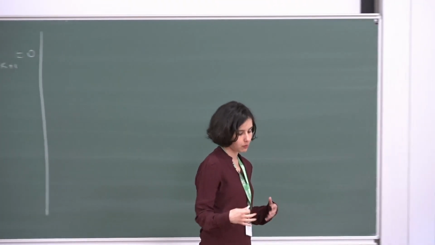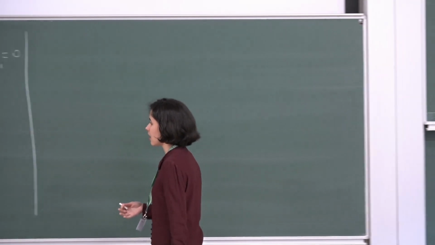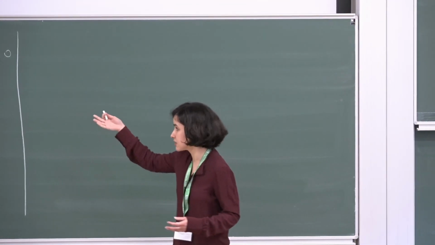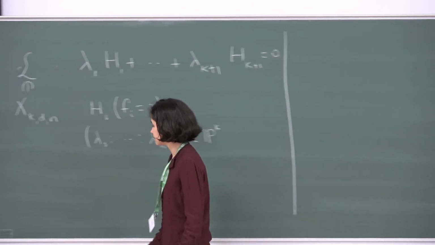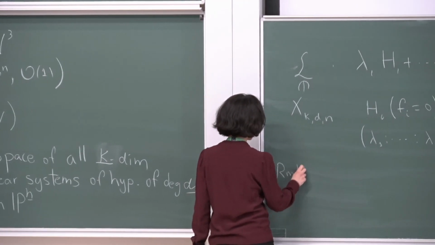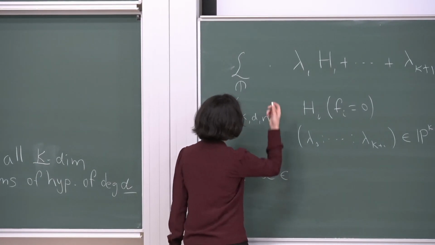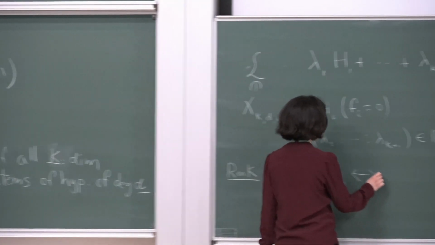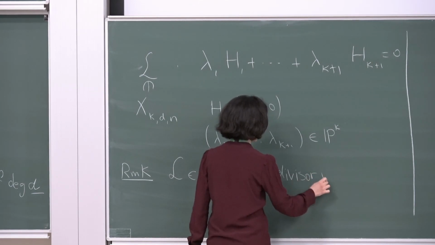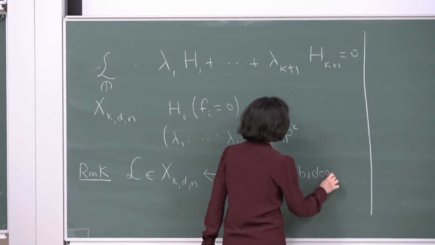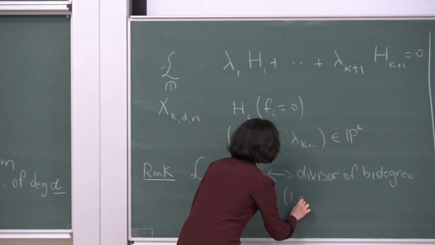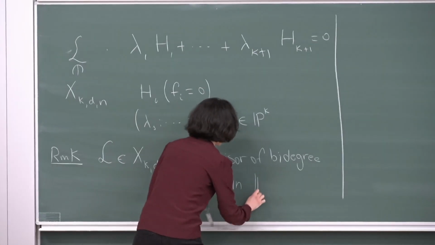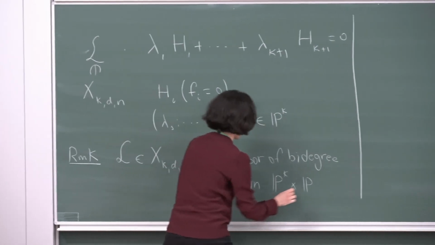Before I move on, it's worth mentioning that depending on where you're coming from, there are different points of view for such an object. For example, you can view an L in X_{K,D,N} as a divisor of bidegree (1,d) in a product of projective spaces, P^k cross P^n.